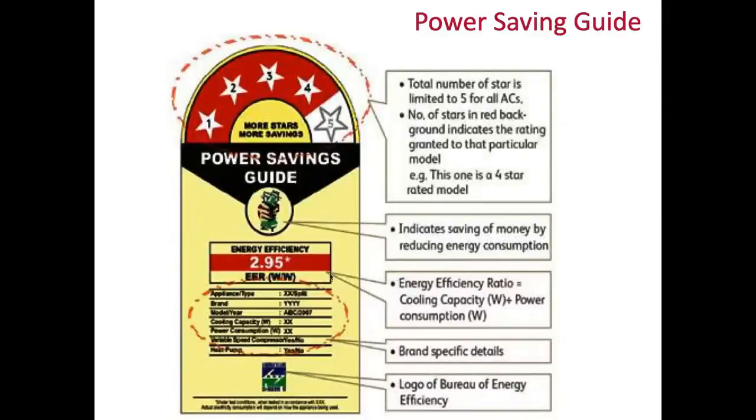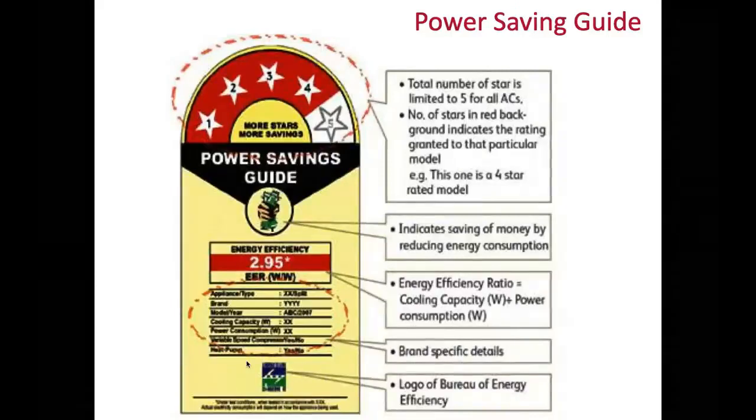This label shows the energy efficiency ratio, which is equal to cooling capacity divided by power consumption. This gives the brand specification details, and this is the logo of the Bureau of Energy Efficiency. So these are some of the highlights.